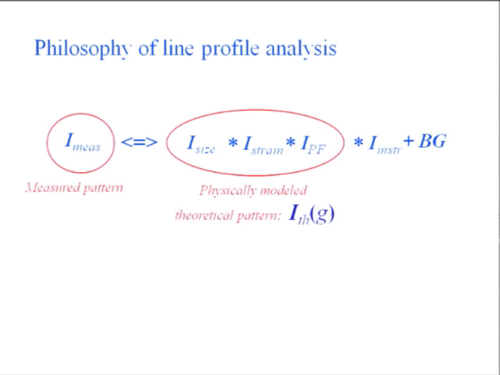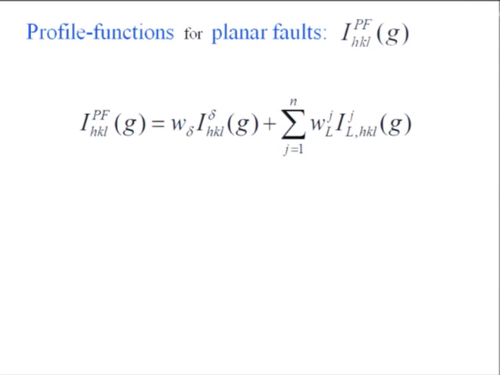Again, back to that graph with how the line profile analysis is working. Now, the profile functions for planar faults can be produced on the basis of what I've told you before as this sum, where I sub L, HKL, are the profile functions of the subreflections in a powder pattern. And you have a weighting factor here, which is closely related to the permutation number within the powder diffraction reflection.